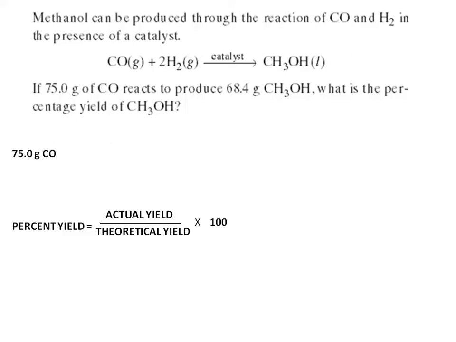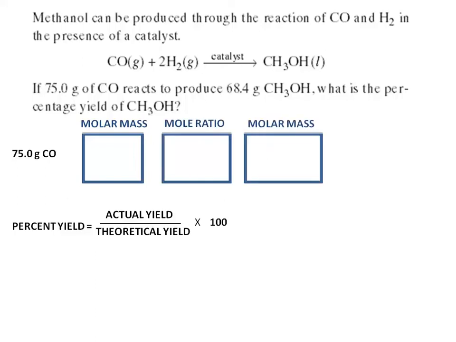And you write down what you're given. We're given 75 grams of CO. We need to do a mole to mole, or not mole to mole, sorry, a gram to gram conversion from the given to the unknown. Gram to gram is 3 steps. Molar mass, molar ratio, molar mass.